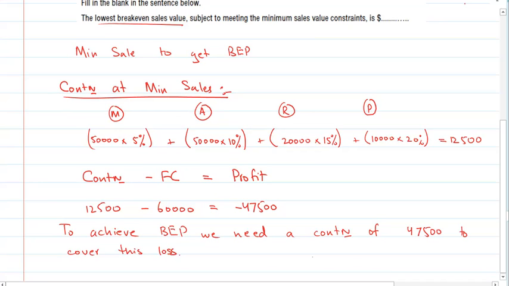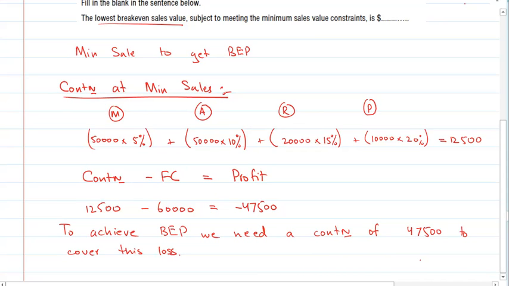It's just for your understanding. Of course, you don't have to write it down in your exam, you just have to calculate it. So we will need a contribution of this much to cover this loss. And once we have that contribution and the loss is covered, there is no profit, no loss, so zero profit, that is the break-even point.